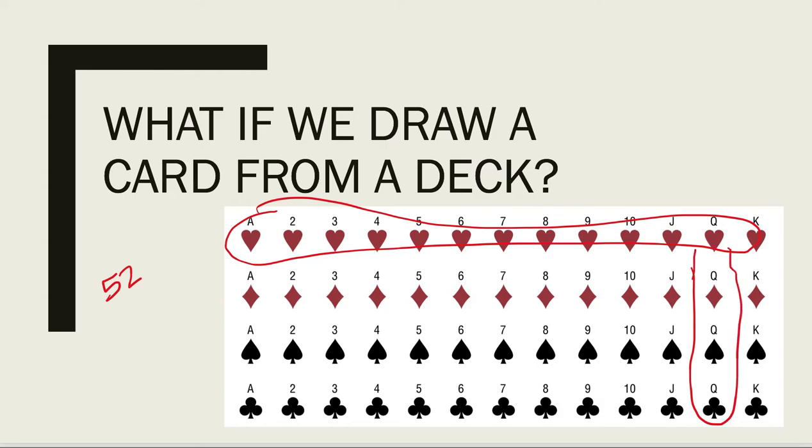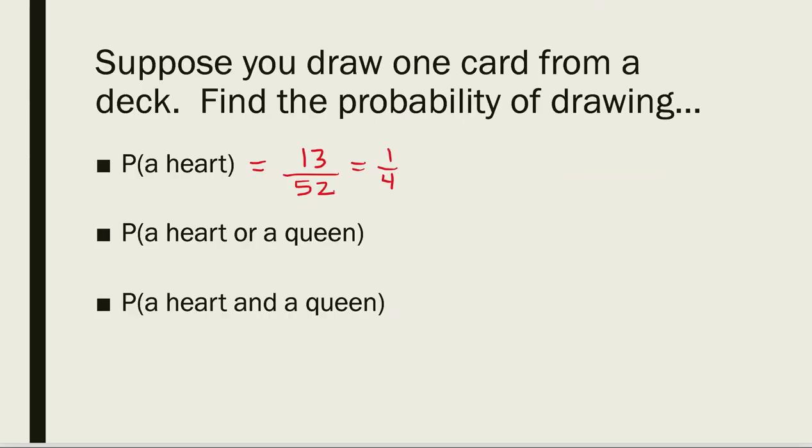All right, and I'm not going to count this card twice, so I've got to be careful with that. All right, and then I'm just going to count. So there are 13 going across, and then 14, 15, 16. All right, so 16 out of 52 would be what we would have there. So 4 out of 13.